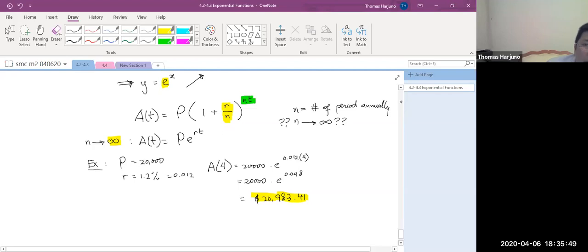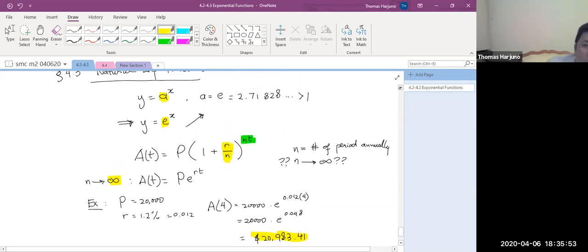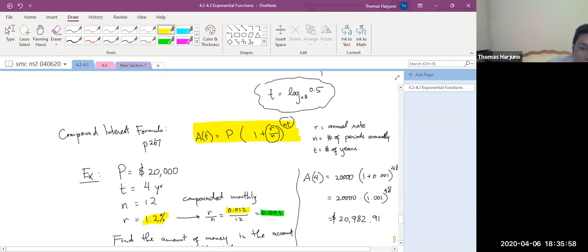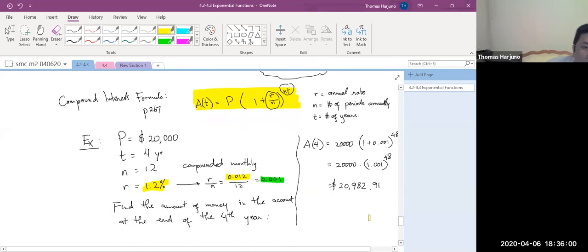Maybe I say it another way. If I go back to our previous question earlier, this one here, if we compound it monthly, we'll get an extra $982.91, right? Okay. Suppose I change this n here, the number of compounding periods per year.